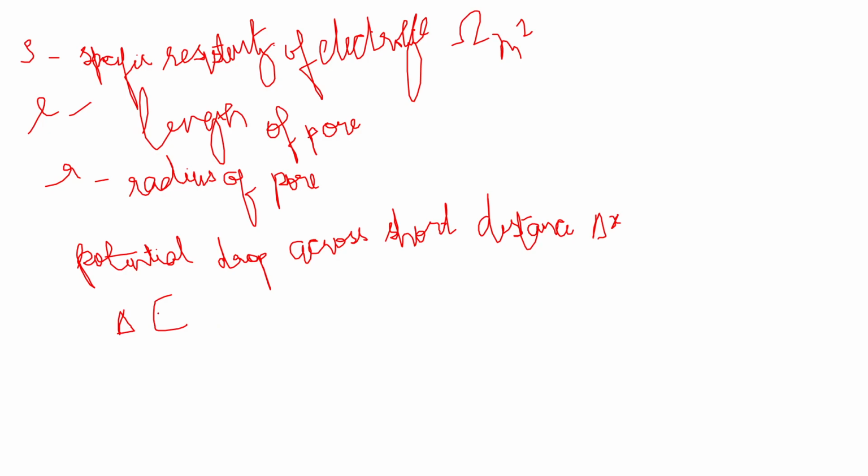Across the pore there will be a drop in the potential, delta E, which I can write as I into R. Correct. Now, what is R? You all know the resistance formula is rho L by A. Rho is the resistivity of the electrolyte, and L here is across a small distance delta x.